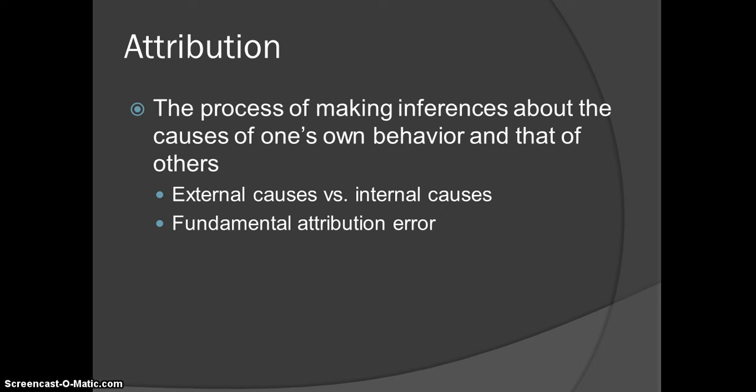We might attribute to their personality two different elements. If we consider that the reason why they behave this way is an external cause, we might think, okay, he's probably really in a rush to get to work. He's going to miss a very important meeting.